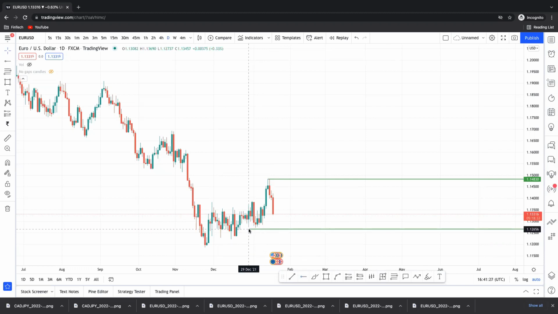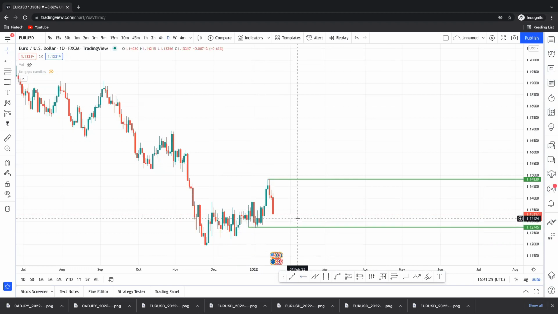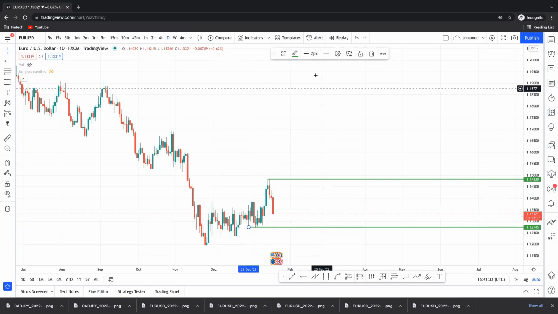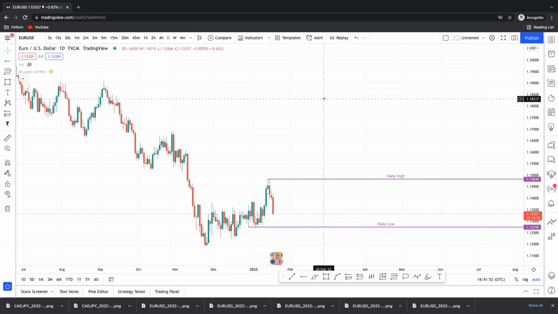This buy will be invalidated if we break this green line, the daily low line. So we are in this range, and we're looking to buy on any lower time frame order flow, intraday or scalp. That will be good.